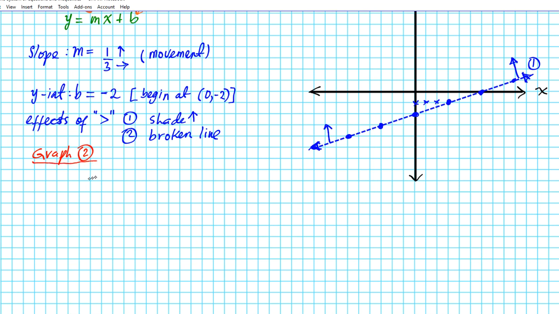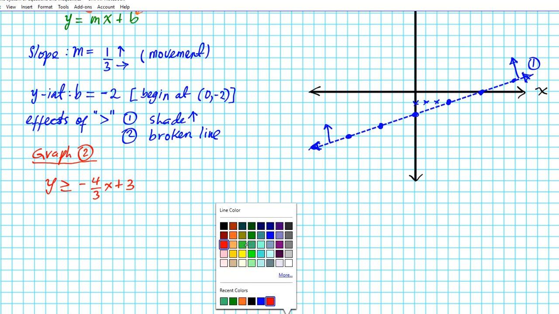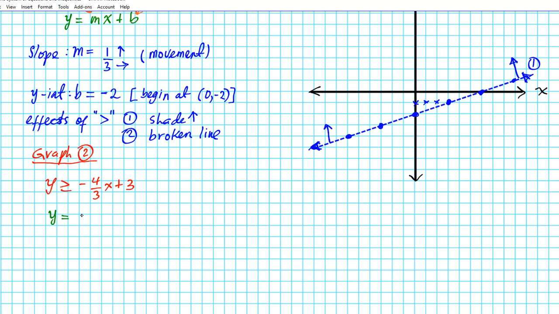The linear inequality for 2 is y is greater than or equal to negative 4/3 x plus 3. Okay, so this is also given to us in slope-intercept form, which is nice. So put y equals mx plus b underneath. We can clearly see what m and b are. M is negative 4/3 and b is 3.